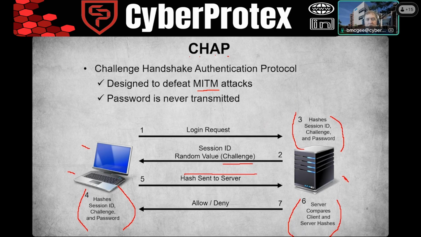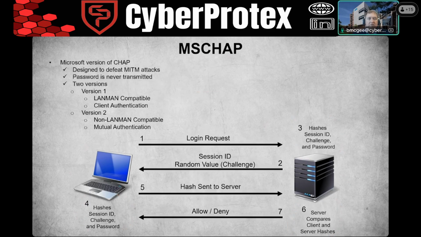And it was so good that, wouldn't you know it, Microsoft came around and said, hey, we like that idea so much that we're going to go ahead and call it our own. They took whatever the Challenge Handshake Authentication Protocol was using and said, we're going to make our own.